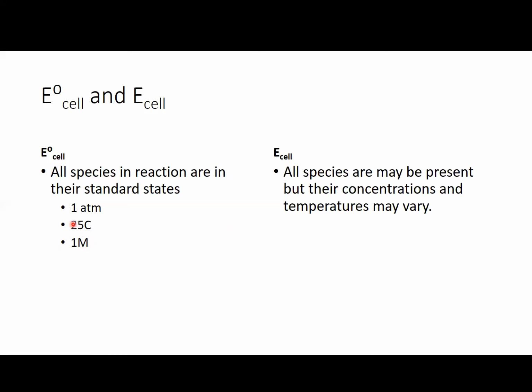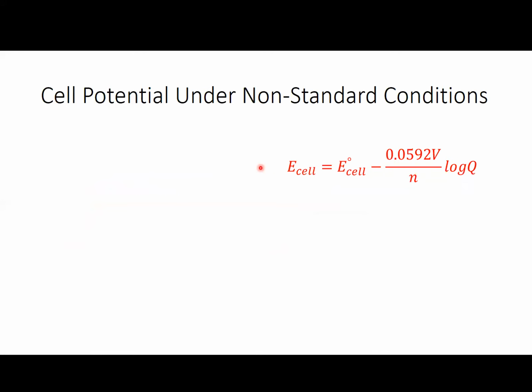Temperature can change as well, but it causes other things to change, and that's a little beyond what we want to do in a class like ours. So an Ecell represents non-standard states for a reaction. And how do we determine the potential under a non-standard condition?